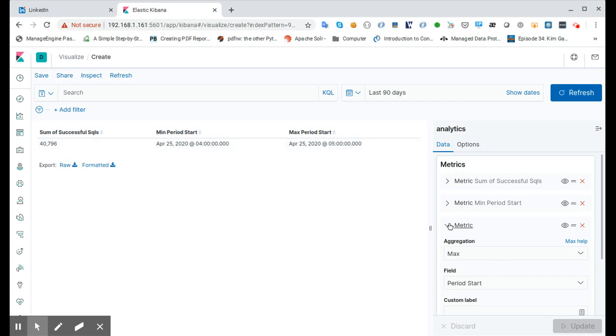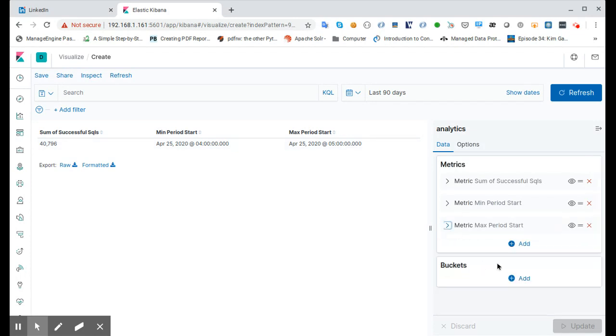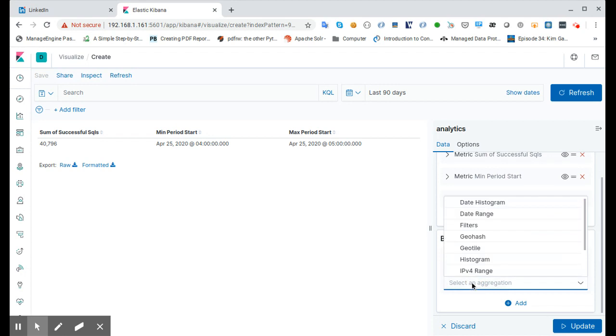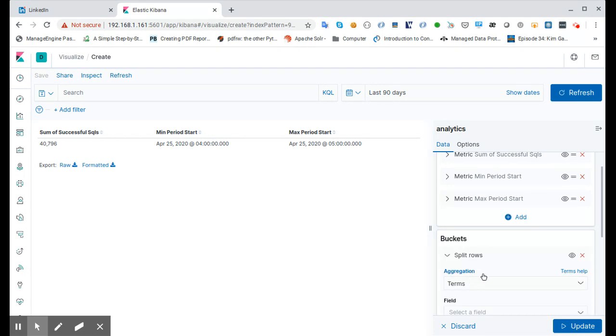Okay. So what we also would like to know is what kind of database servers, what environment of database servers we are looking at. So here, this is where I'm going to group those data using what they call terms, right?